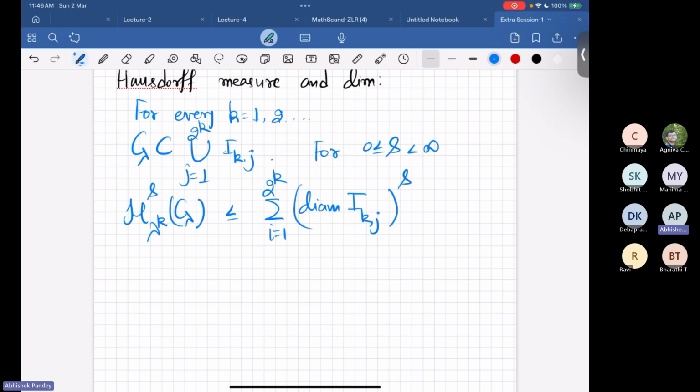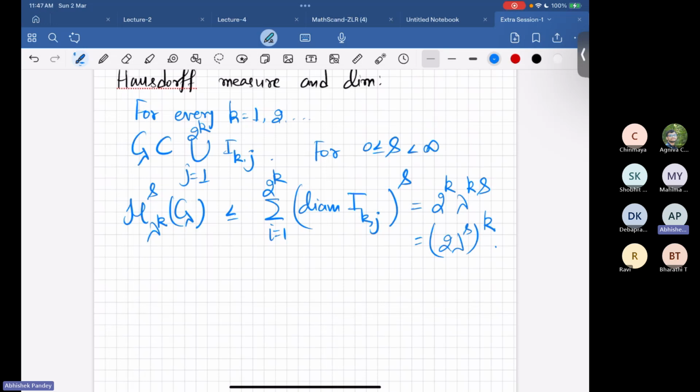Okay, so what is this? So diameter of I k j is what? So lambda to the power k. So this is nothing but 2 to the power k into lambda to the power k s. So this we can basically write as (2 lambda to the power s) to the power k.